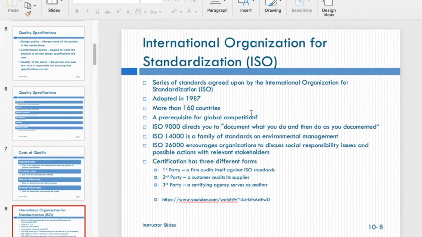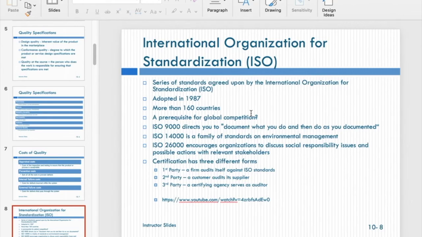That's why they really need a consistent criteria for their firm and their industry. So ISO started to build up this consistent criteria for different firms and industries in different countries. Nowadays, more than 160 countries use those ISO criteria.